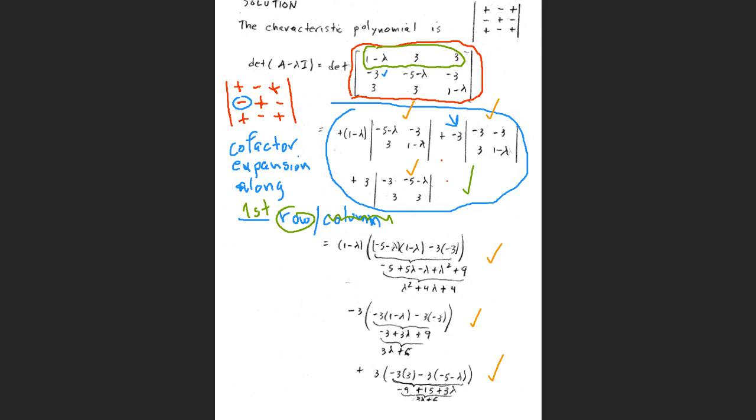And this here is what? This is 3 lambda plus 6. Make that a little better. Please let me know if you have any questions.